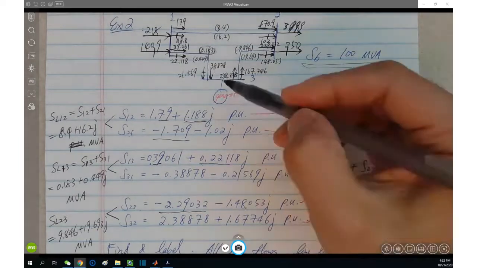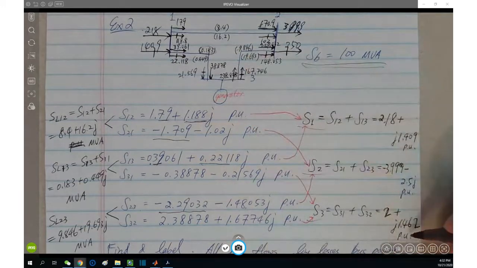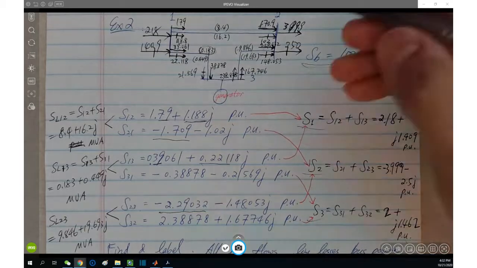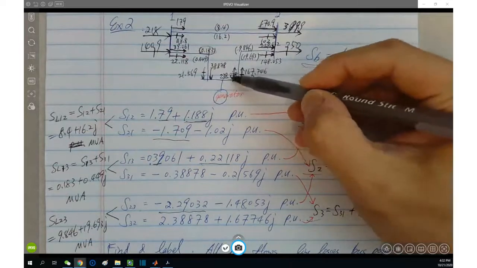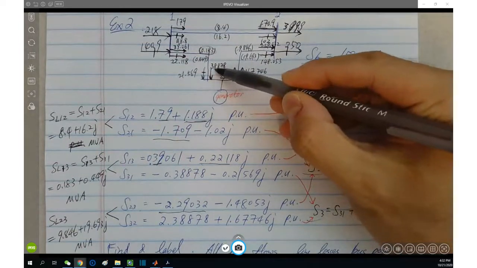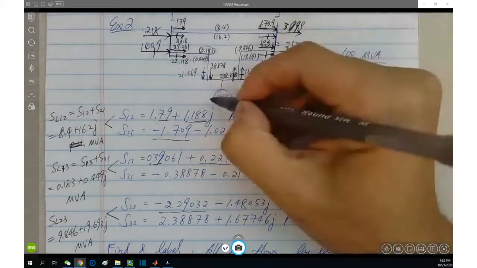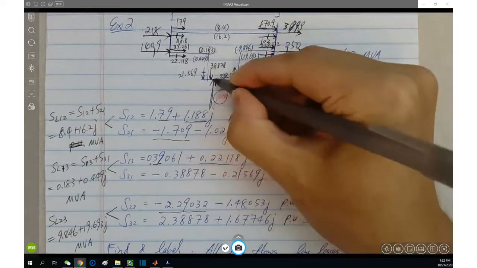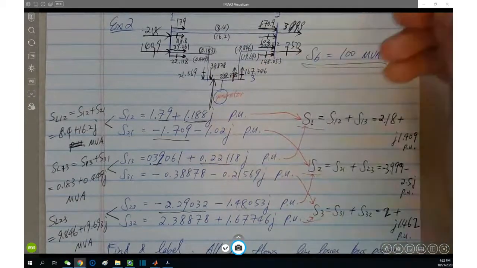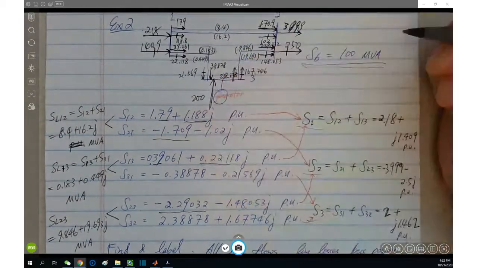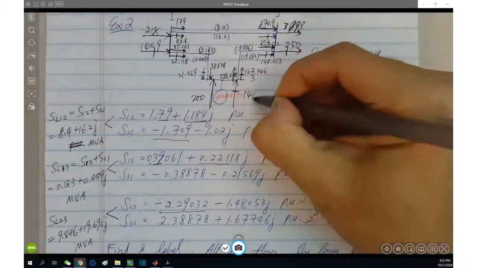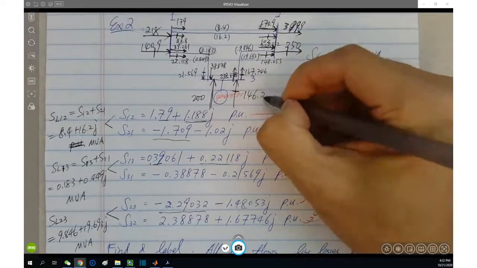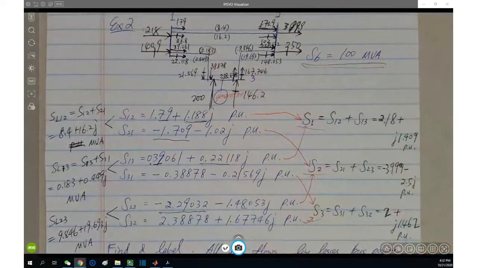Bus 3 is positive 200 and positive 146.2. But looking here, it is providing 200-something and also receiving certain active power. So the total active power still being provided to the rest of the network is 200. Reactive power, following a similar idea, is also providing 146.2. Does it make sense?